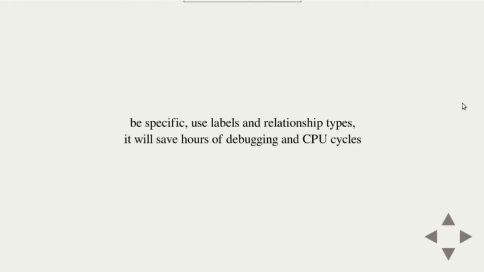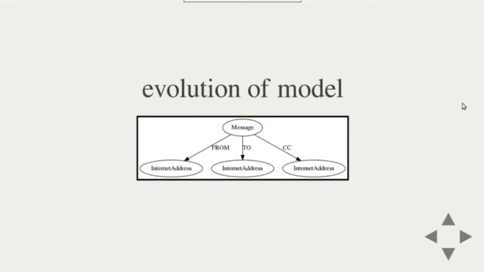It is better to put it, because when you change the model, suddenly your queries start to work differently. And of course, it's good for the query planner to know which kind of labels and relationships you are going to traverse. So it's better to be really specific and say which kind of relationships and labels you want to traverse.